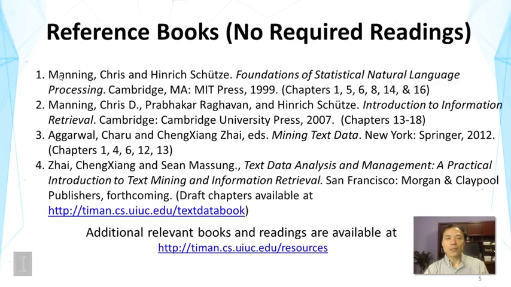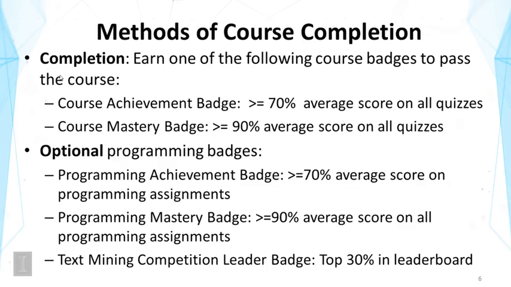And the last one is actually a book that Xiang Messer and I are currently writing, and we are going to make the relevant draft chapters available at this URL listed here. You can also find additional reference books and other readings at the URL listed at the bottom.